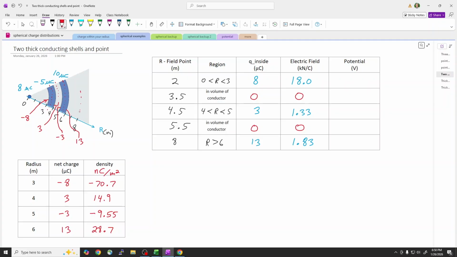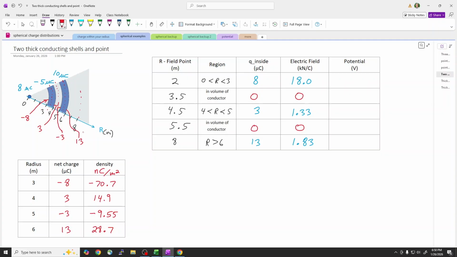And then 8, you're outside of everything. Right? So again, for conductors, you go to the radii that puts you in the volume of the conductor. No electric field, therefore no Q inside that radius.